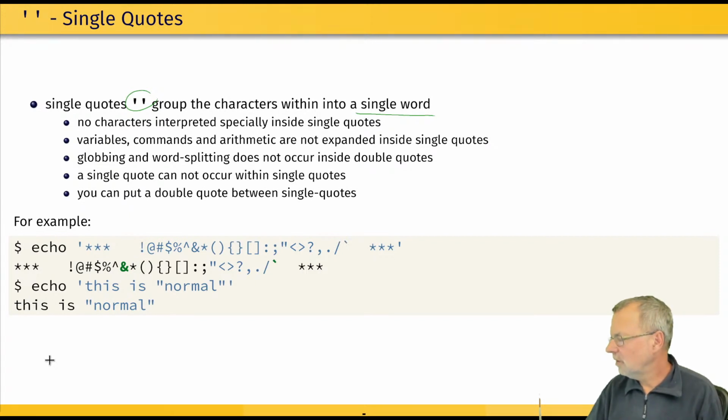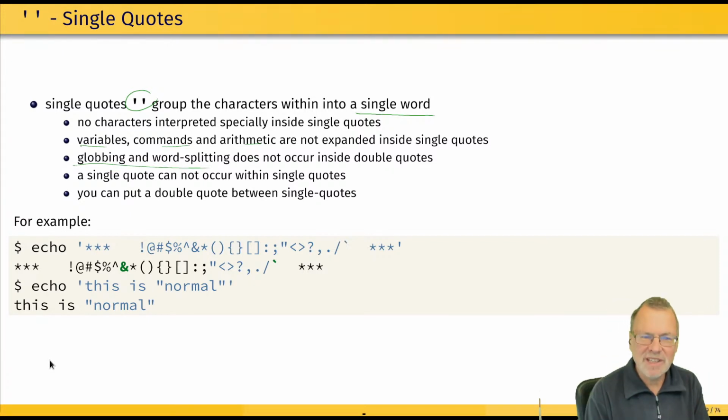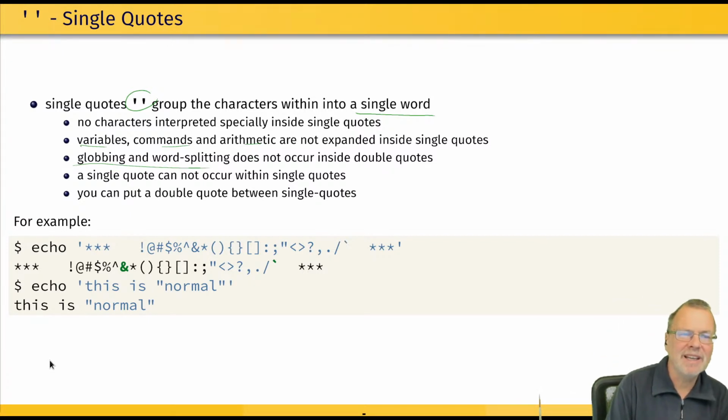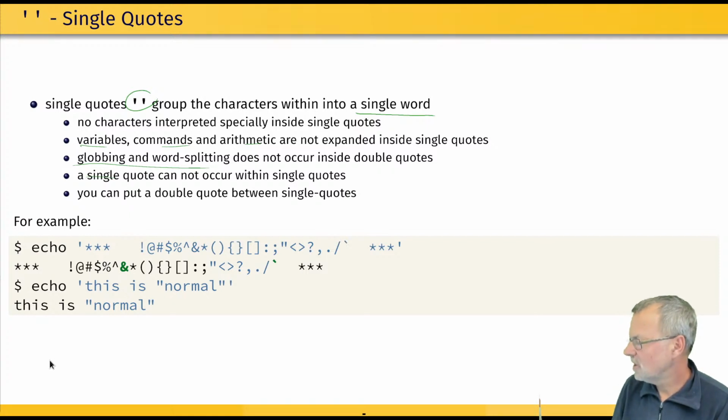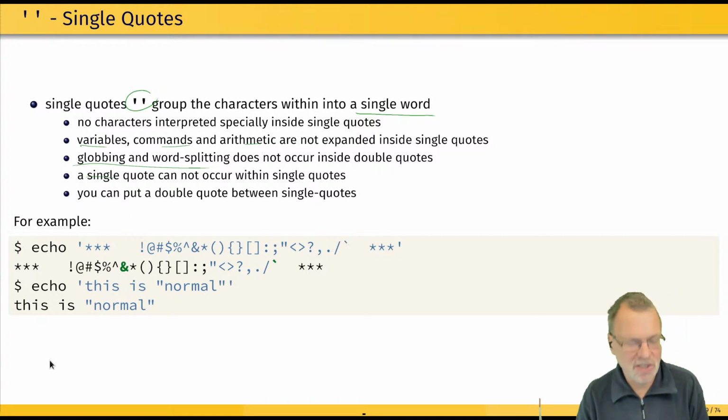So variables, commands, and arithmetic, all things we're yet to see, are not expanded inside single quotes. Globbing and word splitting do not occur inside single quotes. Again, we'll explain what these are, don't panic. You can't put a single quote inside single quotes. You can put double quotes inside single quotes.